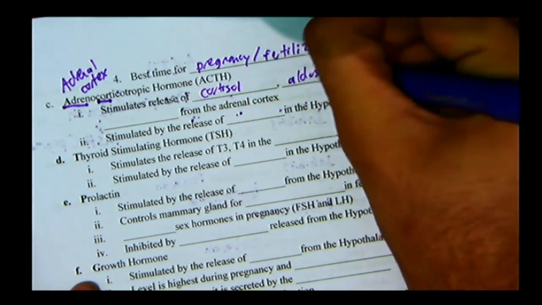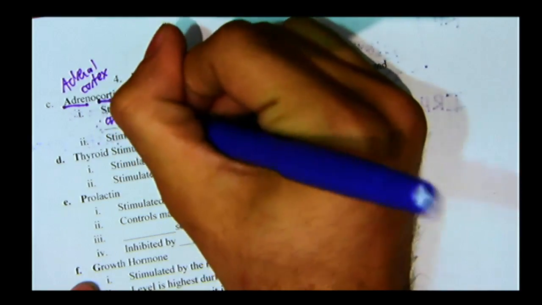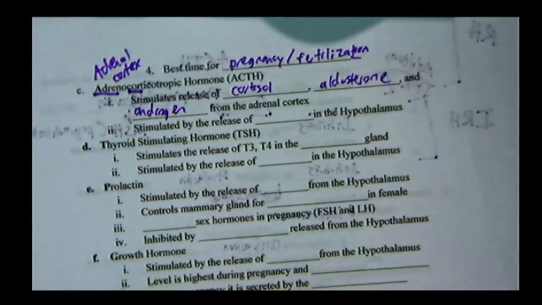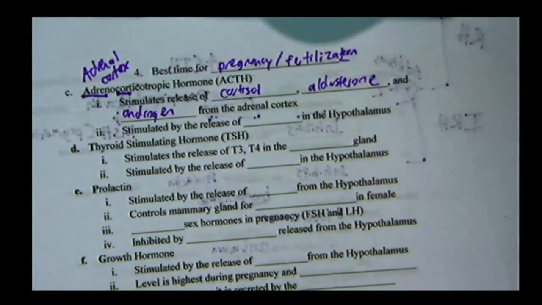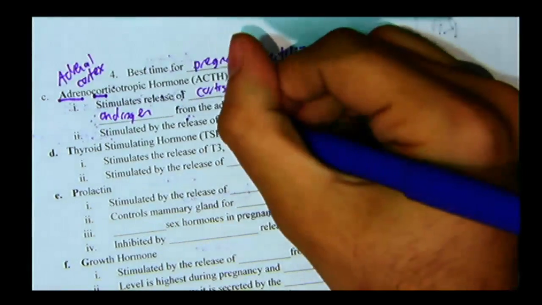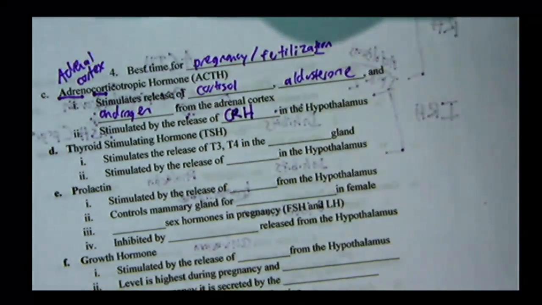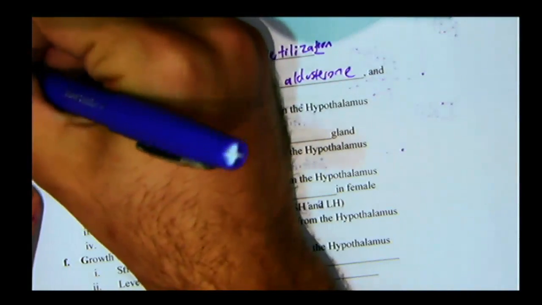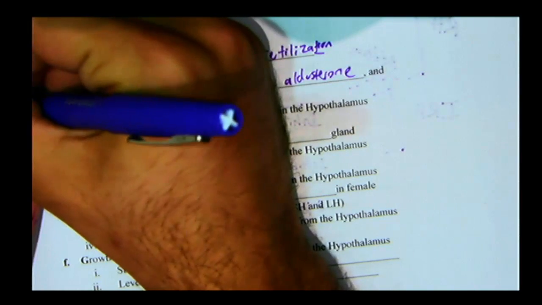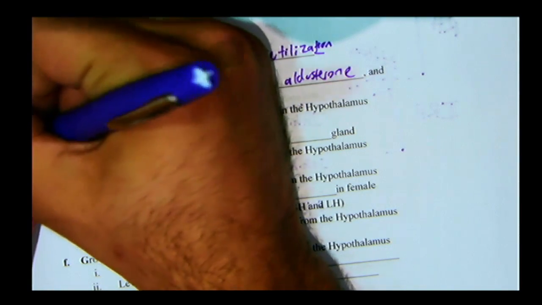Androgen. I think you guys learned about this like a million times. All about the cortisol. It's stimulated by the release of what in the hypothalamus? CRH, right? Corticotropin releasing hormone. So again, it goes CRH, ACTH, and then cortisol, aldosterone, androgen.